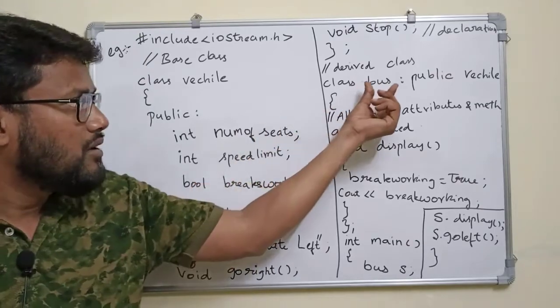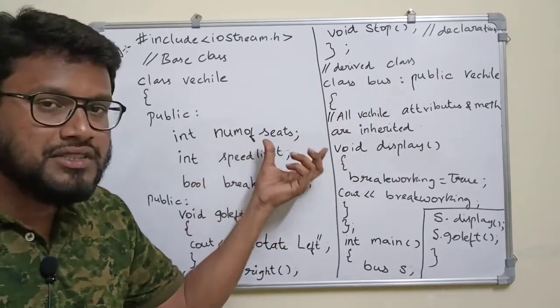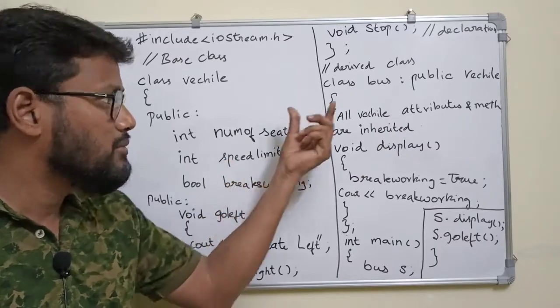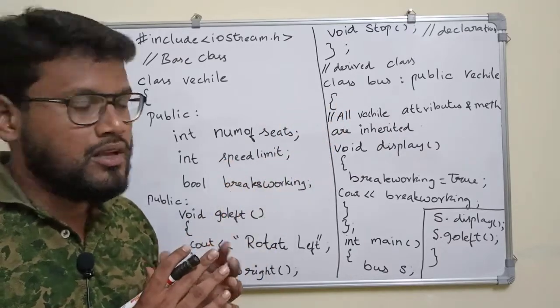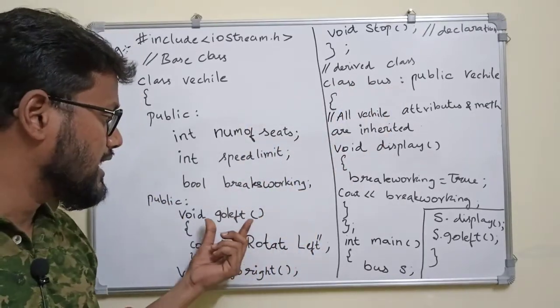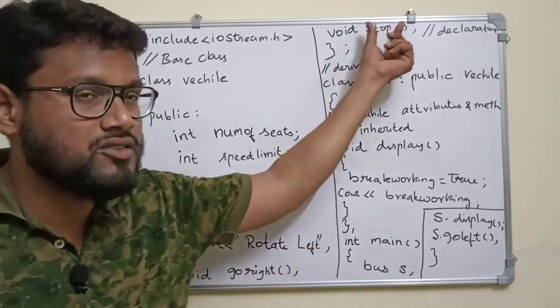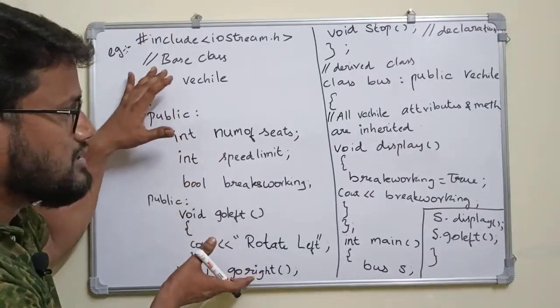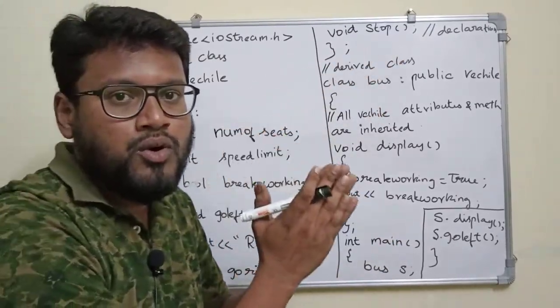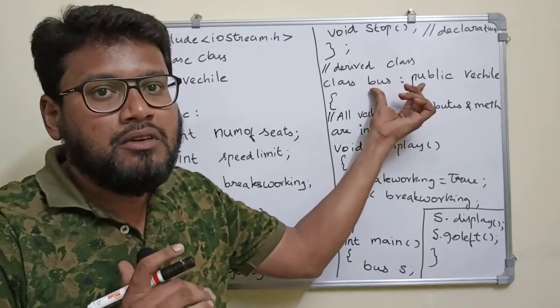So a bus has a number of seats, a speed limit, and a braking system. The bus also has functions like go left, go right and stop. These are in the base class, and these are the derived classes. We already know how to create a derived class.